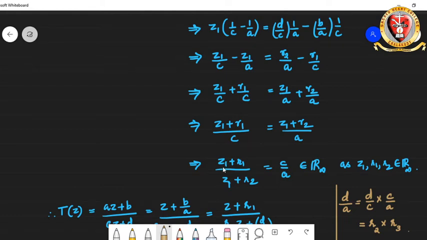We have chosen Z1 to be from R infinity. Similarly, R1 and R2 are also from R infinity. That will mean that this C by A is also from R infinity.